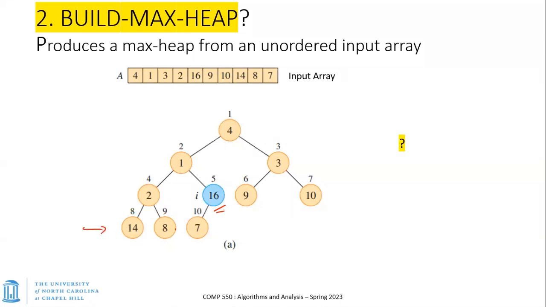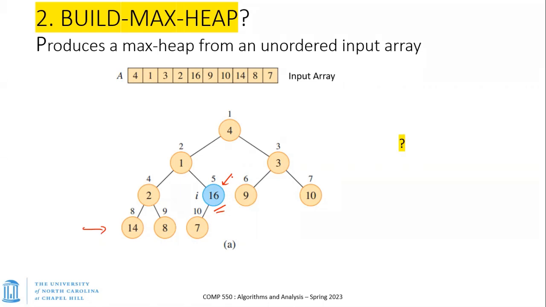And any leaf is already a heap, because it doesn't have any children, so it's already greater than its children, right? And so you could start with this particular shaded node, okay? And the question is, if you know the size of the array, can you figure out the index of the node which has the first child?